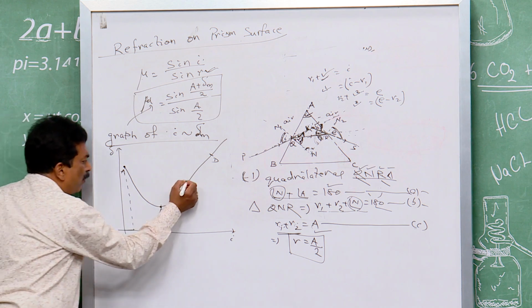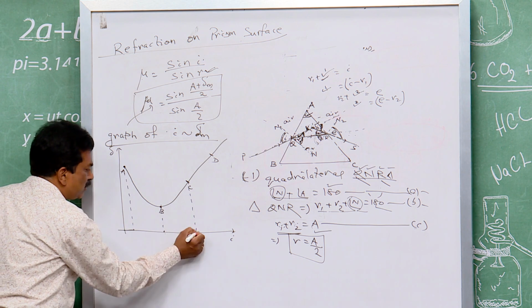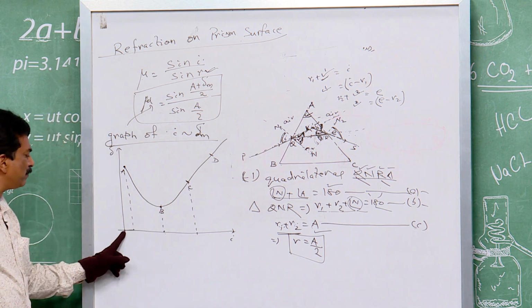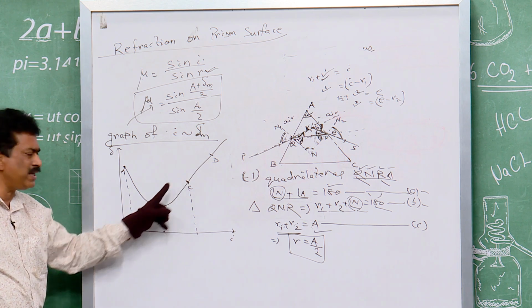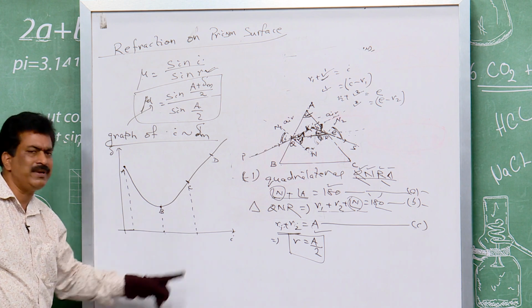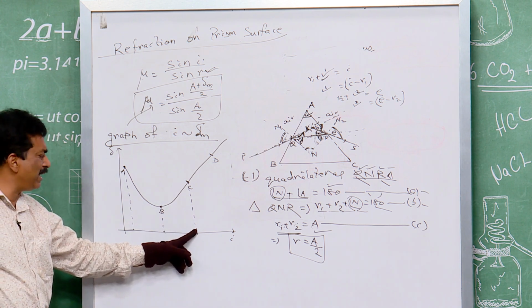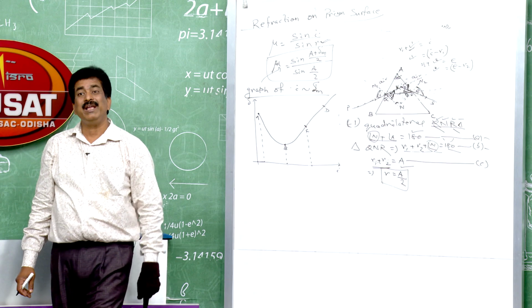But if you go to the point C, then from this to this is the angle of incidence, and at the point B from this to this is the angle of incidence. So, in comparison of C with B, the angle of incidence increases. When the angle of incidence increases, the angle of deviation, you see, now it increases.